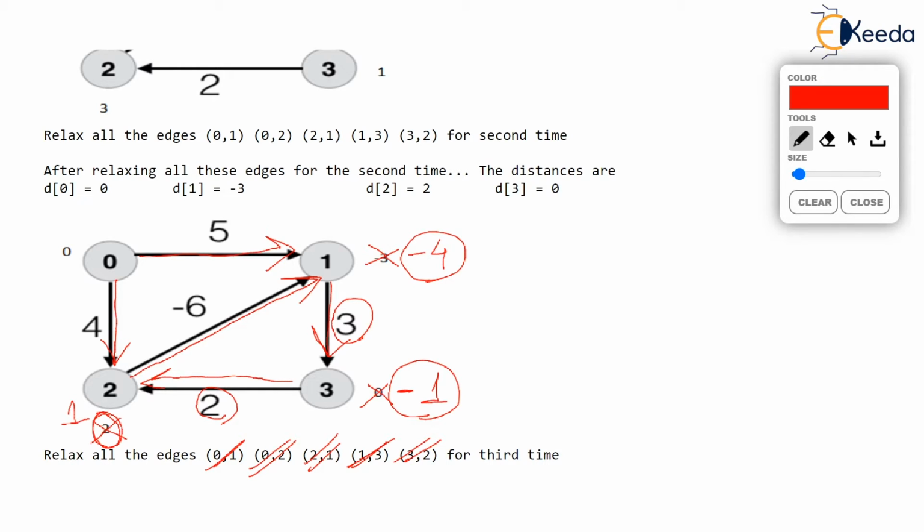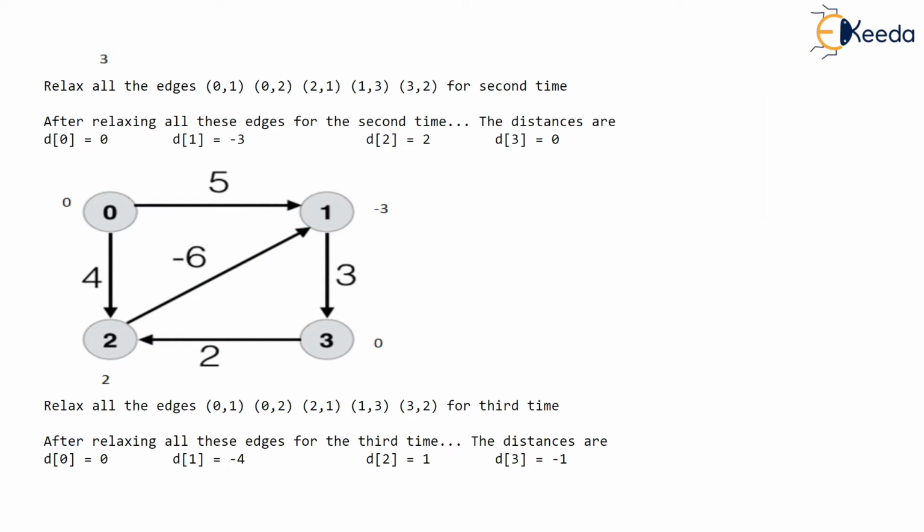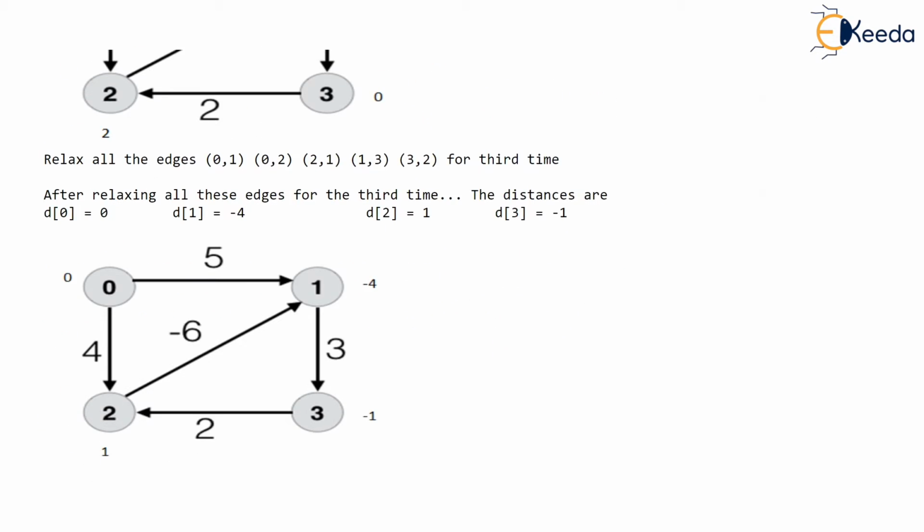So after updating all the vertices 0, 1, 2, 3 for the third time, we got the distances as 0, vertex 1 is at minus 4, vertex 2 is at 1, and vertex 3 is at minus 1. That is exactly what I have written over here. Distances are 0, minus 4, 1, and minus 1. So I have shown the refreshed graph with the new distances.